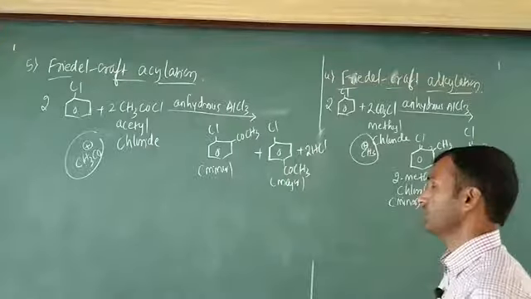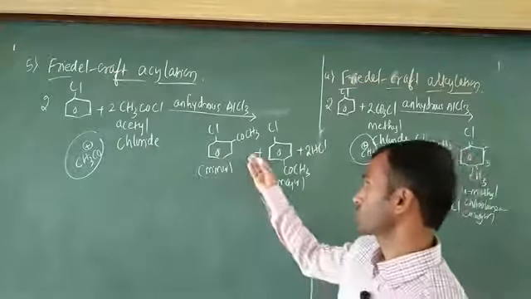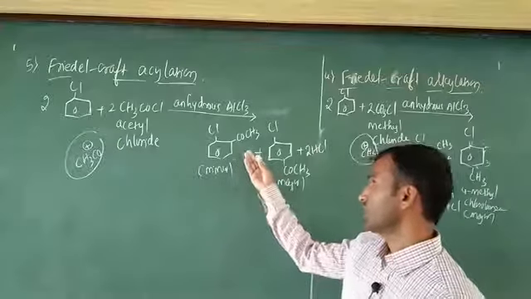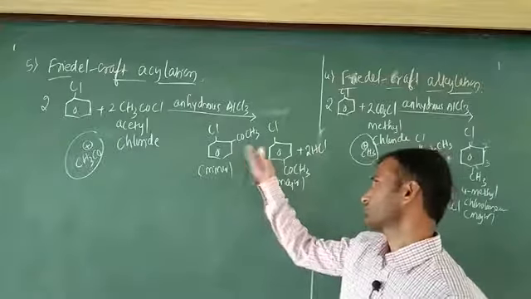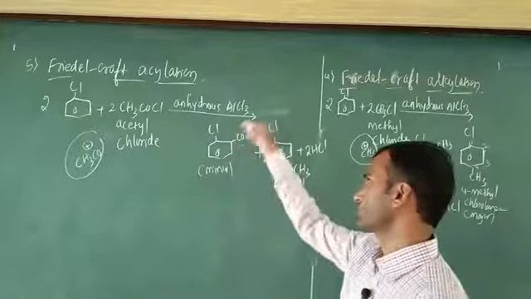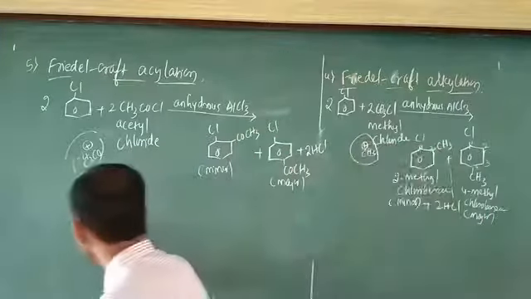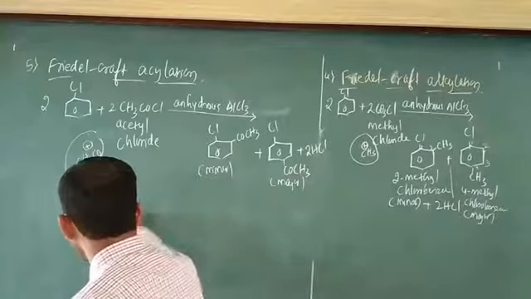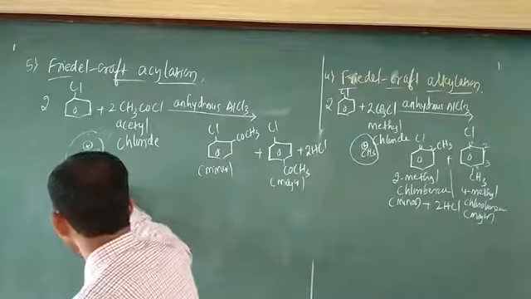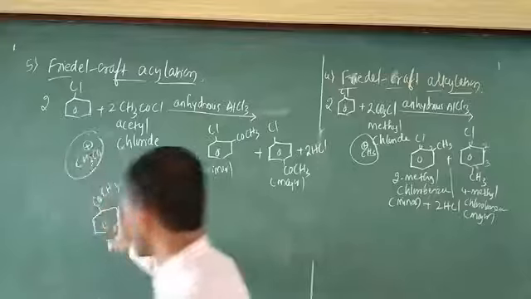Naming: in this case orthochloroacetophenone. Benzene ring with COCH3 you call acetophenone. If you want, I can write here only, no problem. Just see here, COCH3 is there. What is the name of this one? Acetophenone.